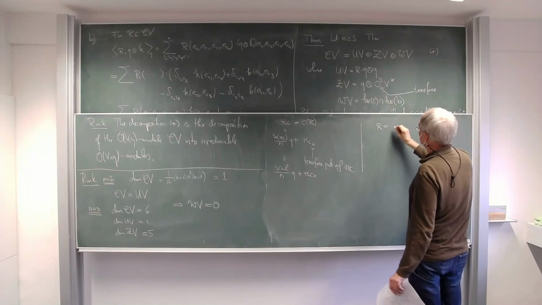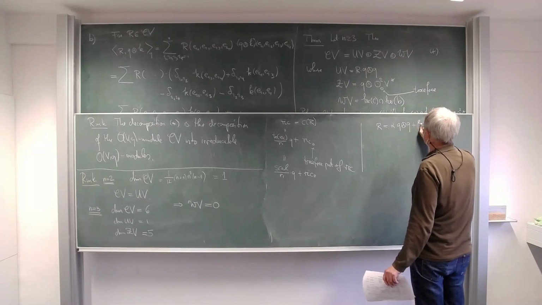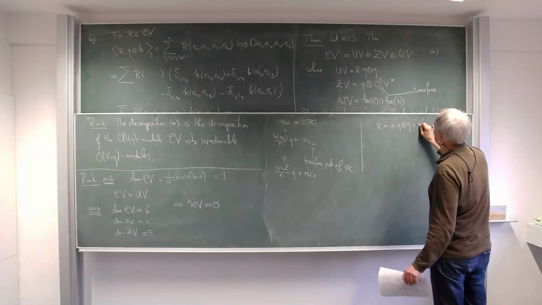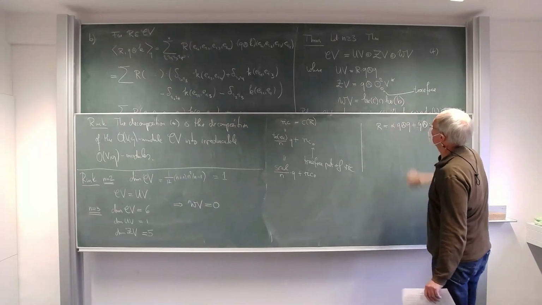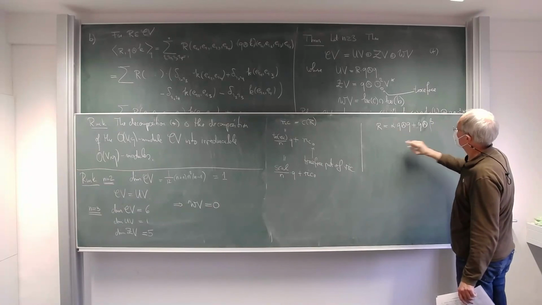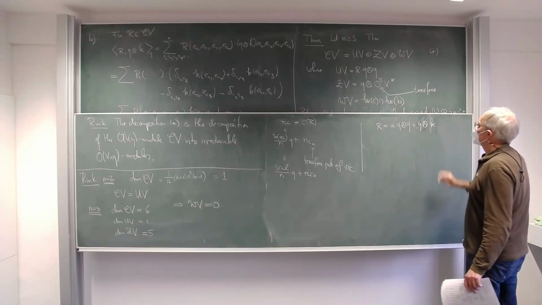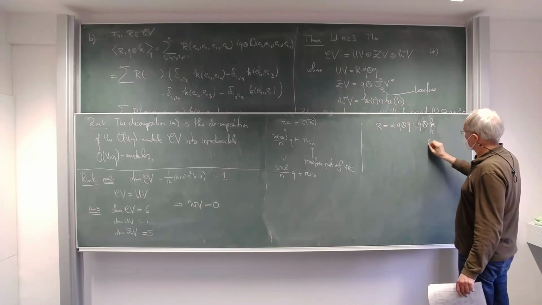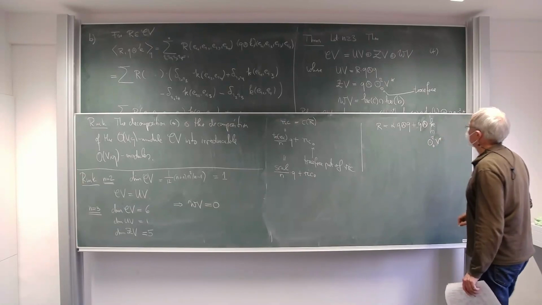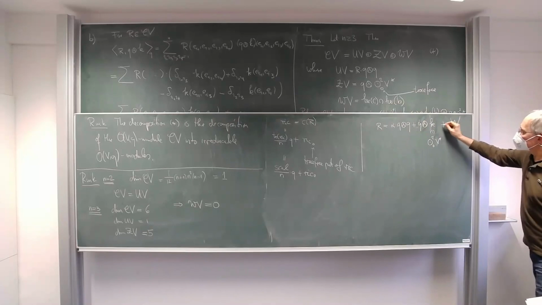We get some multiple of q Kulkarni-Nomizu q, plus some q Kulkarni-Nomizu something trace-free. So that's a number and that's a trace-free symmetric tensor field, k, plus some part in this W space, which I call W.